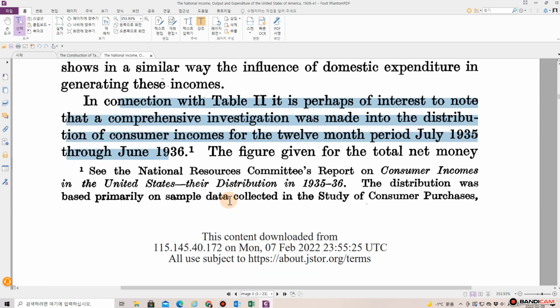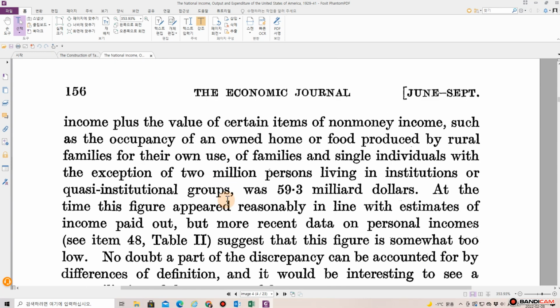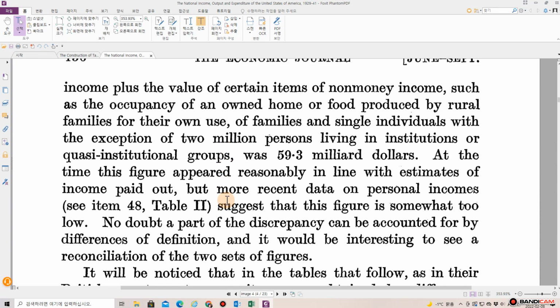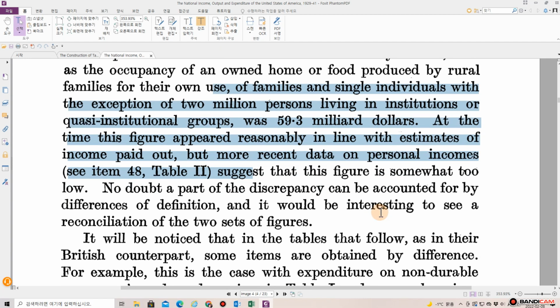The figure given for the total net money income plus the value of certain items of non-money income, such as the occupancy of an owned home or food produced by rural families for their own use, of families and single individuals, with the exception of 2 million persons living in institutions or quasi-institutional groups, was $59.3 million.